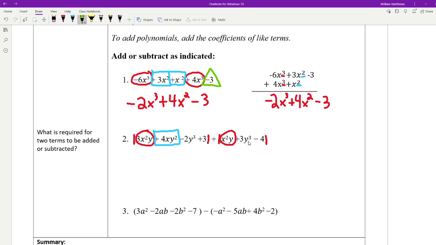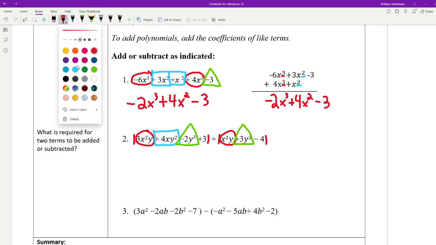Our y cubed would be our next alphabetical variable and our highest power. So we have the negative 2y cubed, and we have the positive 3y cubed.